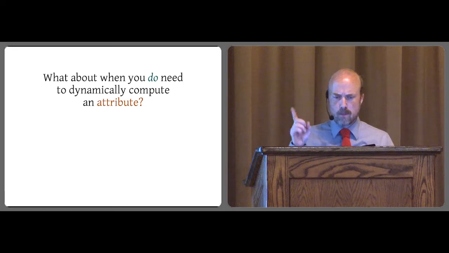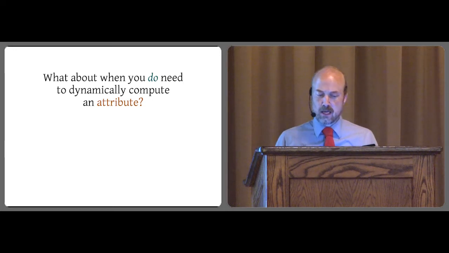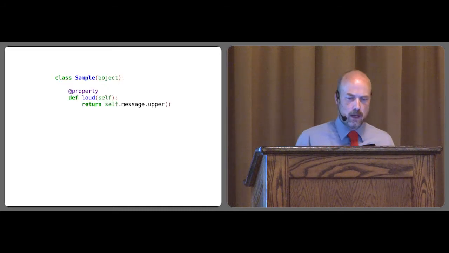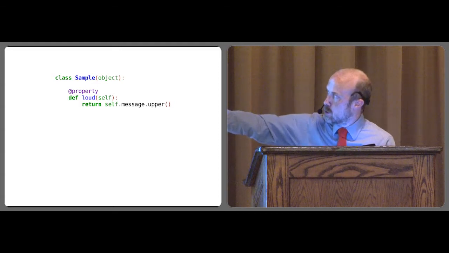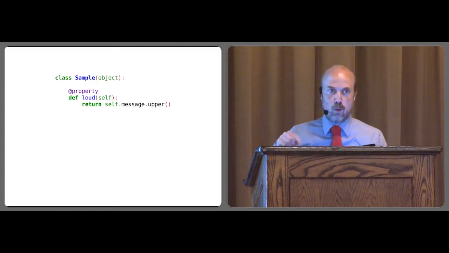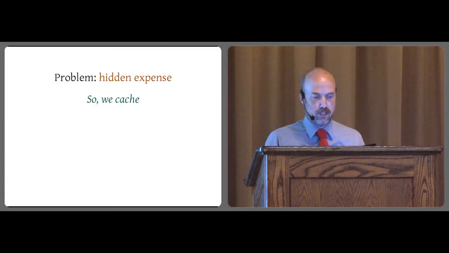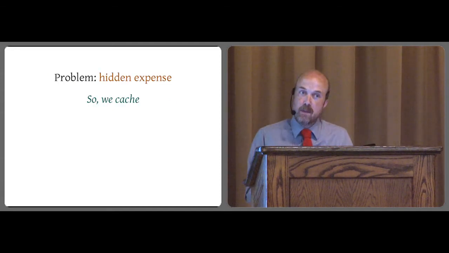What about when you need to dynamically compute an attribute, where you don't want to pre-compute it, but for semantic reasons it should really look like an attribute? Doing a property is a problem. Notice that .upper is going to run every time you ask for the .loud of this object. The problem there is hidden expense.